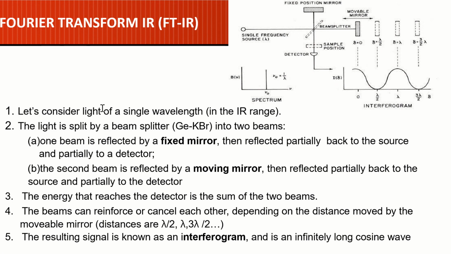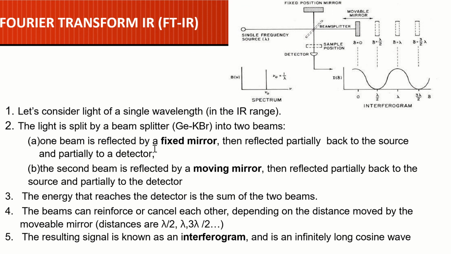So let's consider light of a single wavelength in the IR range. This is a single frequency source here, and we have a beam splitter here. The light is split by the beam splitter into two beams.